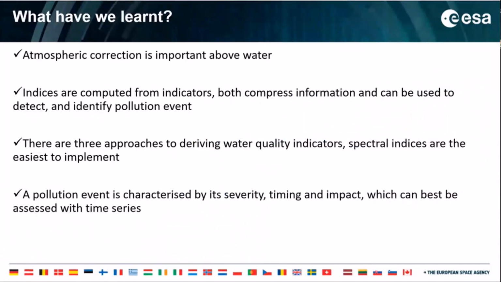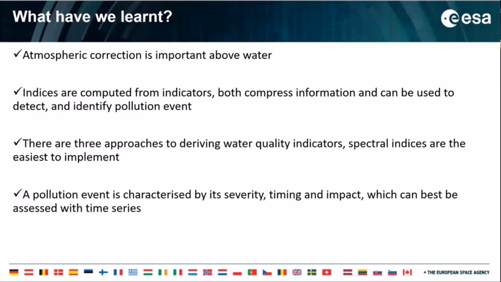So what we have seen today, we have seen that atmospheric correction is extremely important for above water. I showed an example at only 800 meters. So can you imagine if it is totally out of the atmosphere at 800 kilometers? So atmospheric correction is really of prime importance to water quality applications.